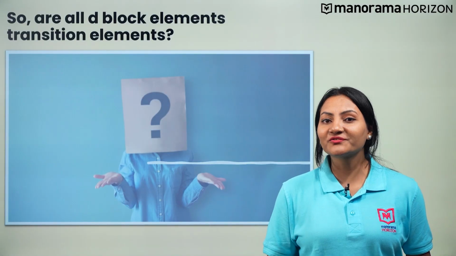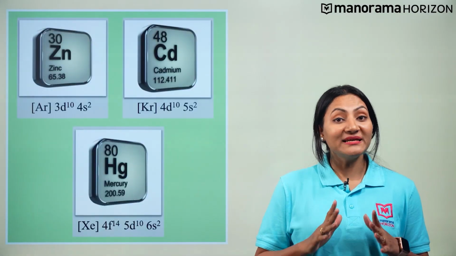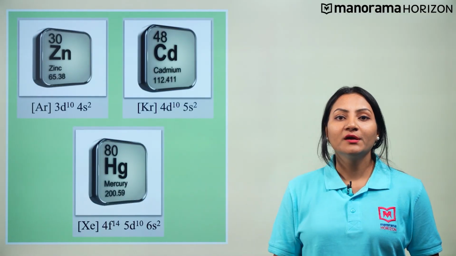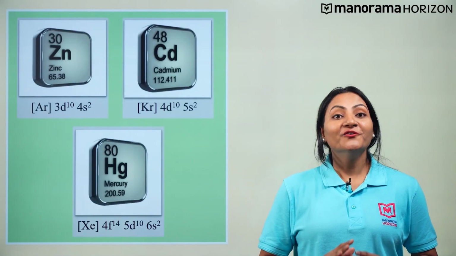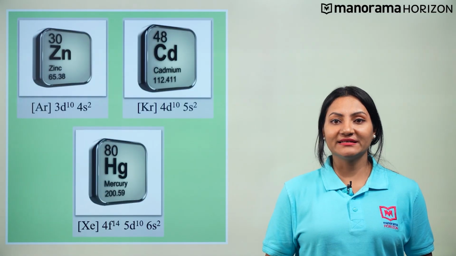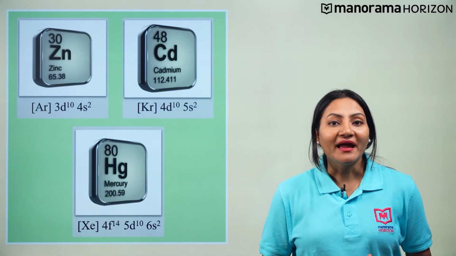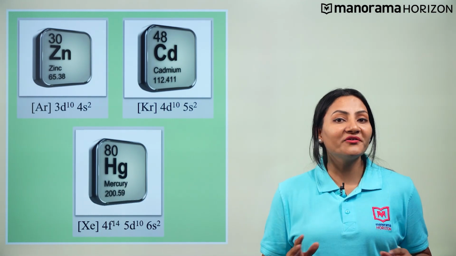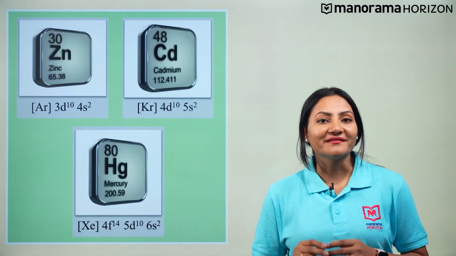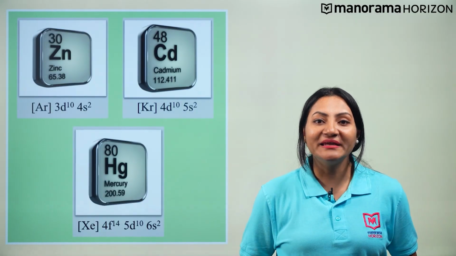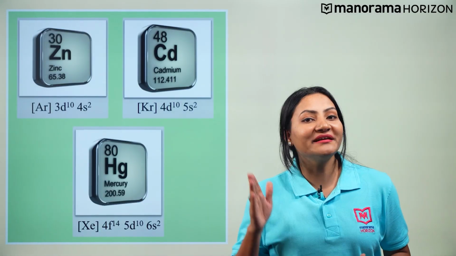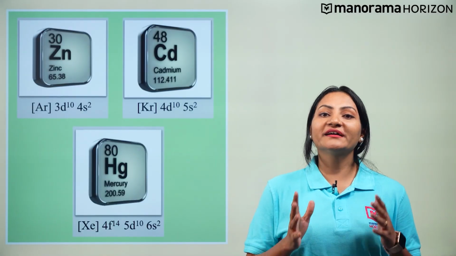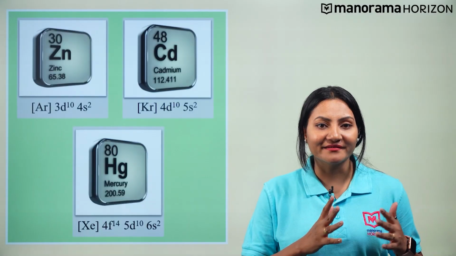The answer to this question is no. Please note that zinc, cadmium, mercury of group 12 have full d10 configuration in their ground state as well as in their oxidation state. Hence, they are not regarded as transition metals. However, being the end members of the 3 transition series, their chemistry is studied along with the chemistry of transition metals.